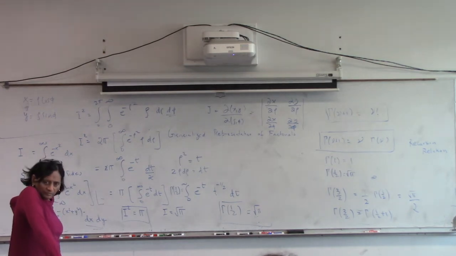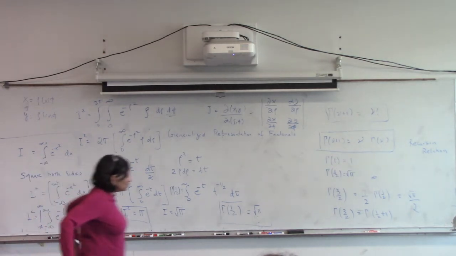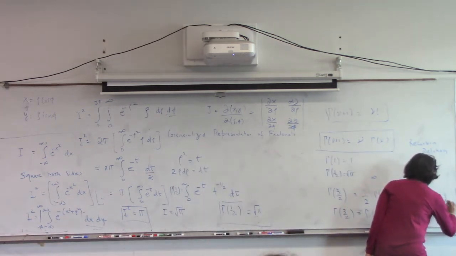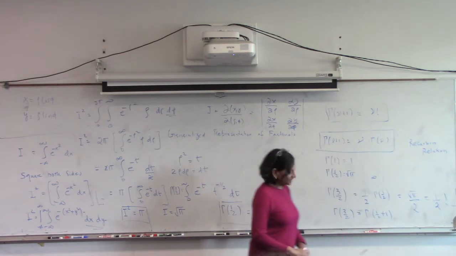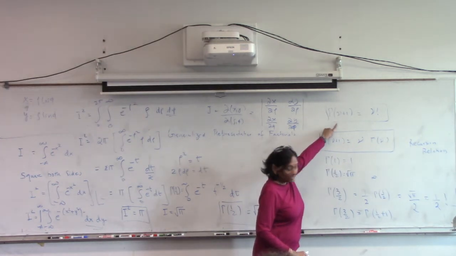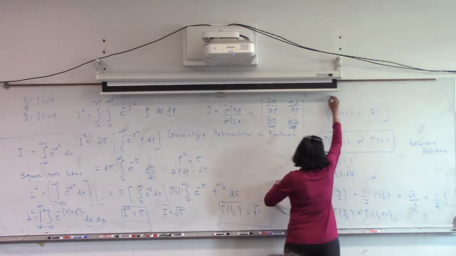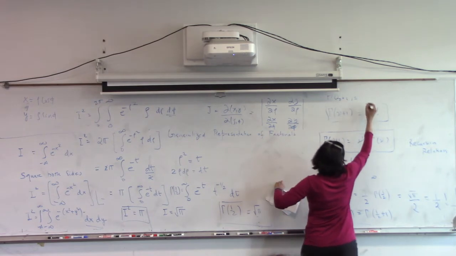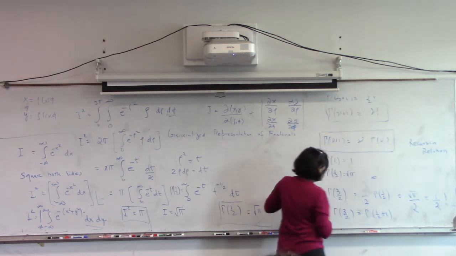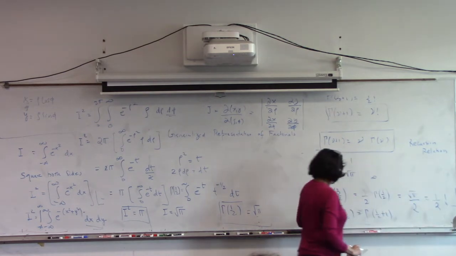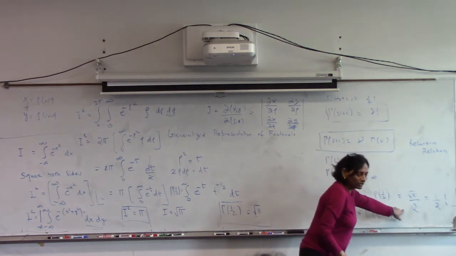The factorial of 1/2. Because of this property, gamma of nu plus 1 is nu gamma of nu. So gamma of half plus 1 is nothing but nu factorial, so it's half factorial. So what we have gotten is the following: half factorial is nothing but square root of pi over 2.